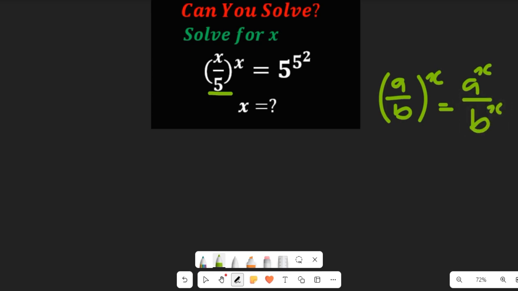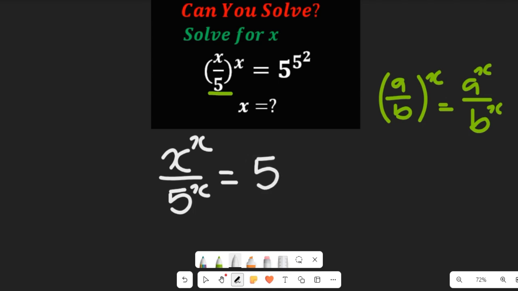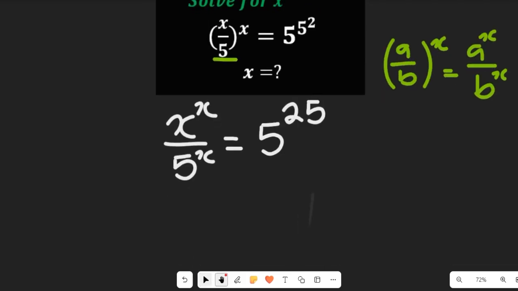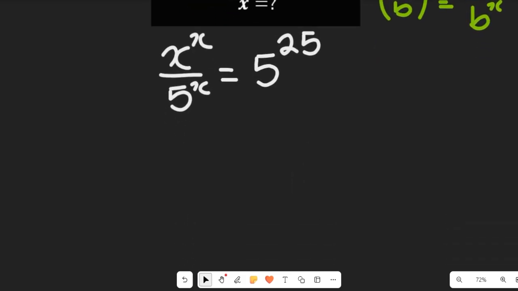We can break this expression up. This gives us x to the power of x divided by 5 to the power of x, and this will be equal to 5 to the power of 5 times 5 to the power of 2, which is 5 to the power of 25, right? That expression is simplified.